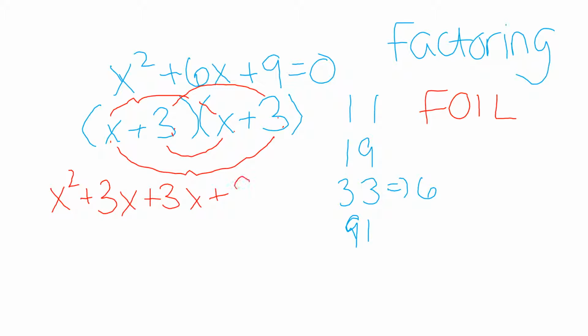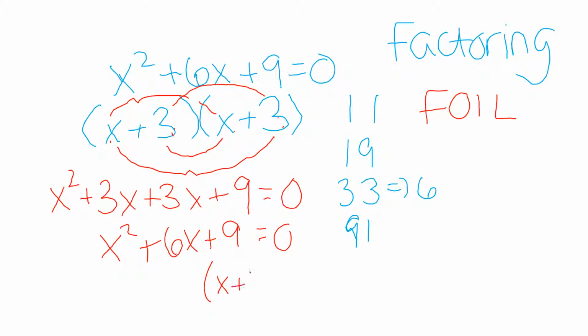You have to simplify like we've gone over many times. Look, by factoring and then using FOIL to check, we were able to find out that our two factors are x plus 3 and x plus 3.